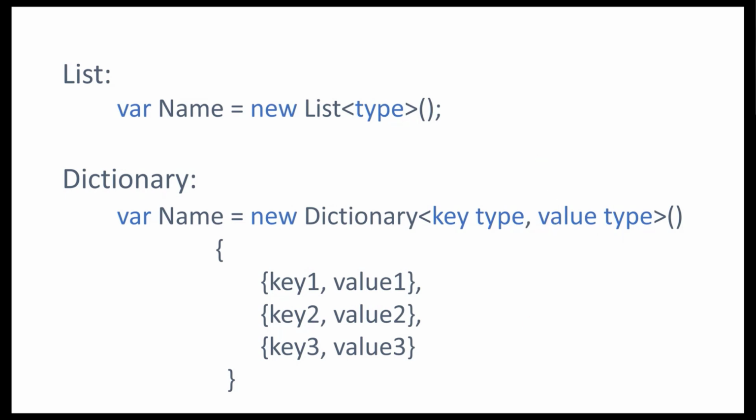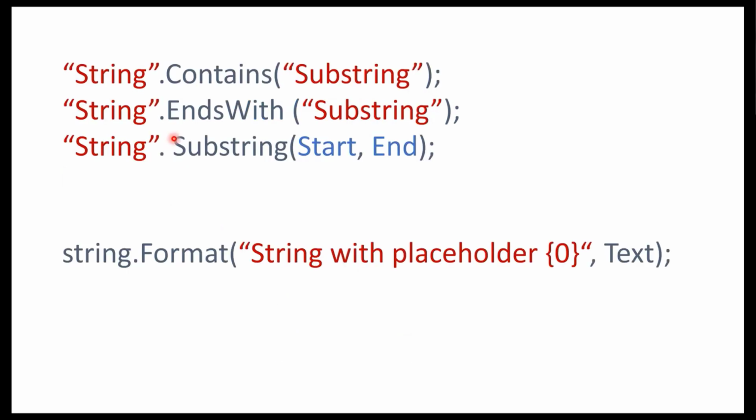Now we have some more functions for the string. What can you do with strings in C#, or what will we use in our code in our deep dive session? Contains just checks if a substring is contained in the string you give the program.